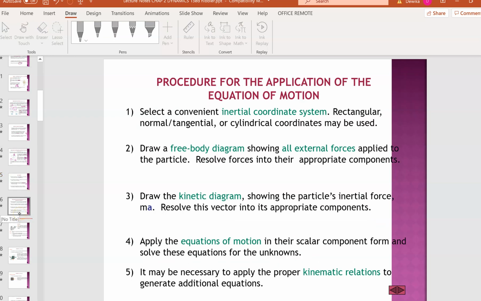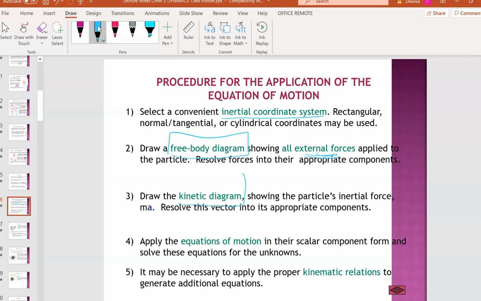And what is the procedure? First, you need to define where your initial coordinate, your reference point, is. Next step is to always draw your free body diagram. This is really very important, and show all the external forces.